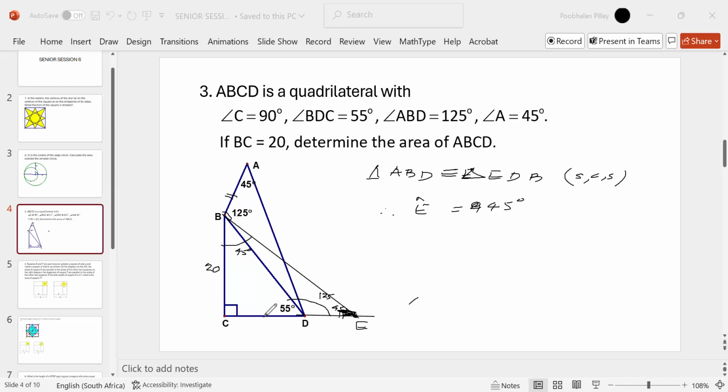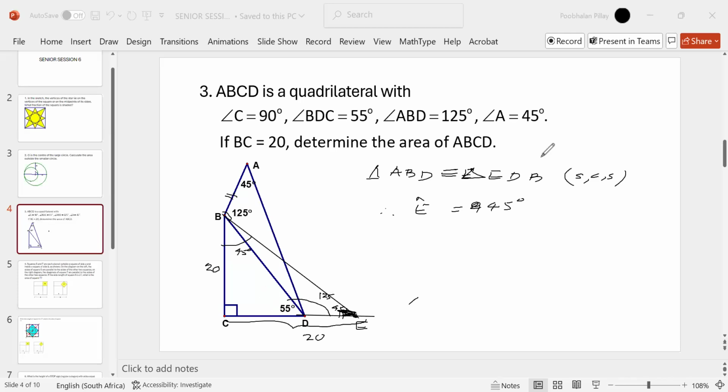It's a right angle triangle, so it must be an isosceles right angle. So this part here must be equal to 20. And lo and behold, we've got an isosceles triangle here, because BC is 20. Well, we already had this isosceles.